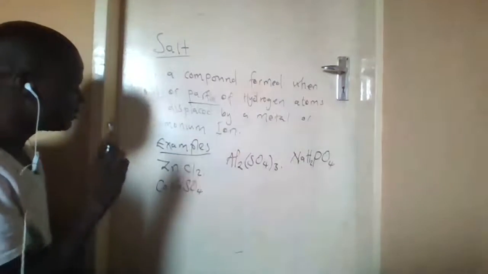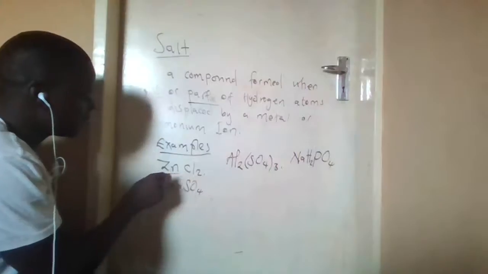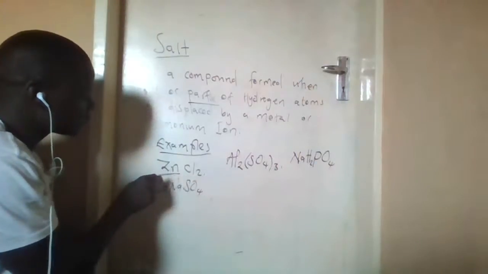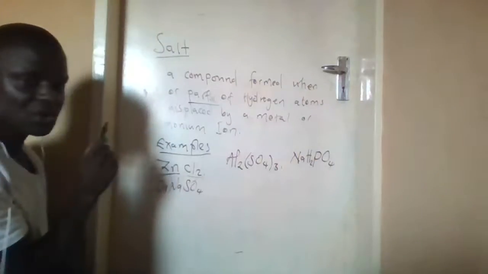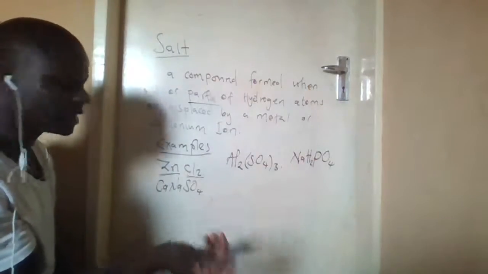But one thing you need to understand is that a salt should contain a metal or two metals and a radical. A radical is a negative ion which comes from an acid.